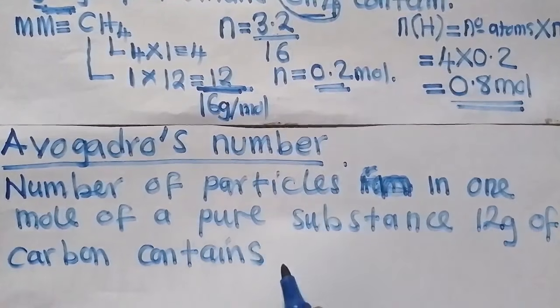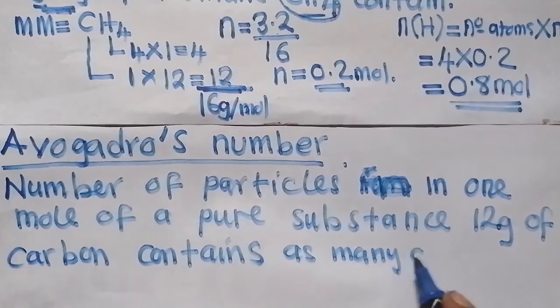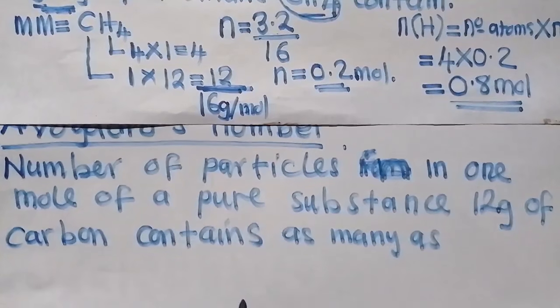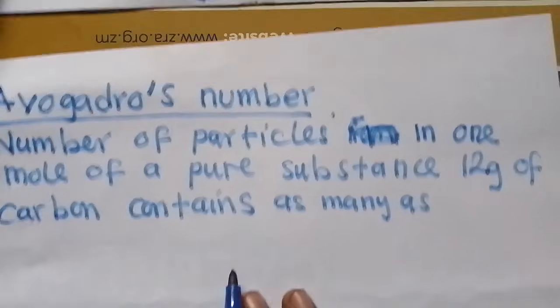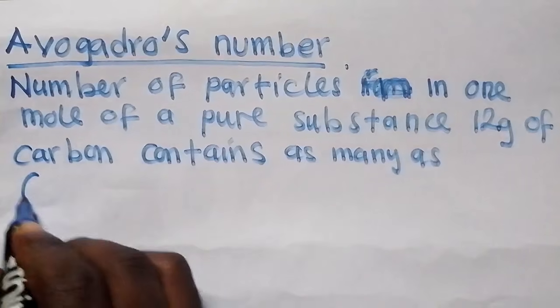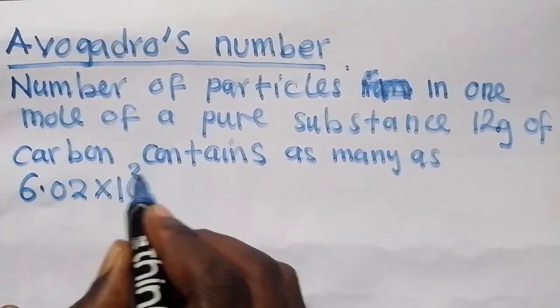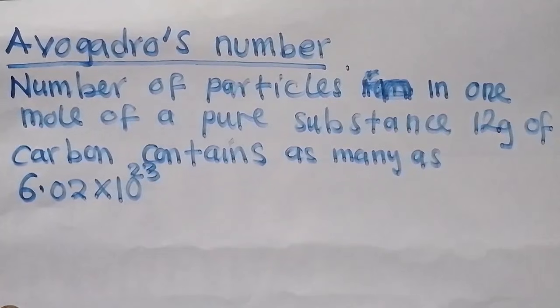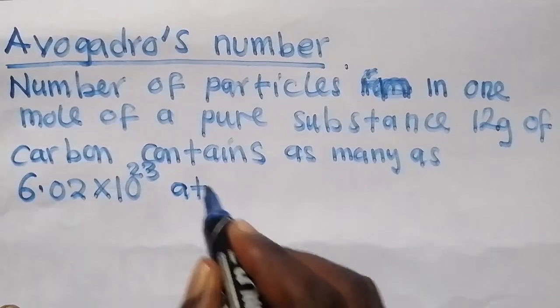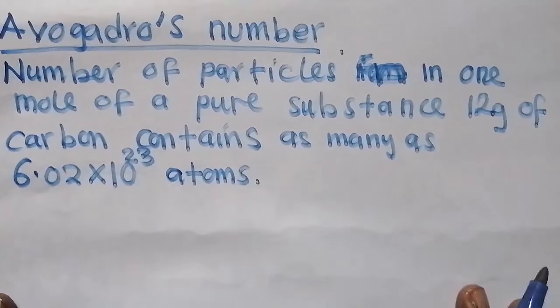as many as 6.02 times 10 to the power 23 atoms. This is what Avogadro's number is.